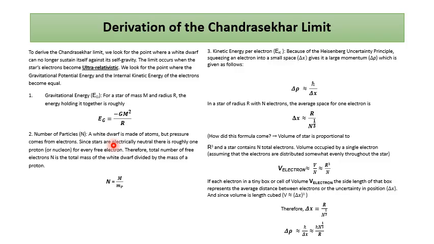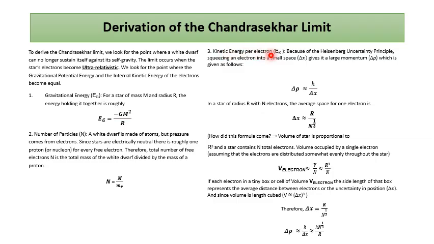Therefore, if we have a certain number of electrons, there will be an equal number of protons or nucleons, which is a combination of neutrons and protons. The mass will be primarily from the protons, because the mass of the free electron is very small. So we get the number of particles to be the total mass of the white dwarf star divided by the mass of a single proton.